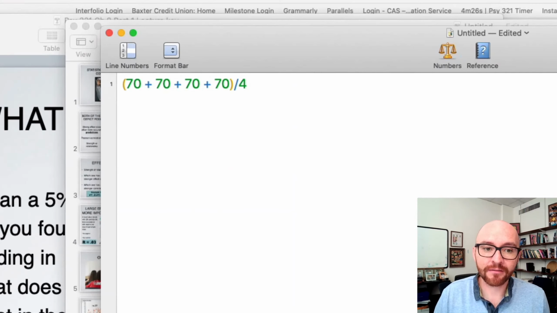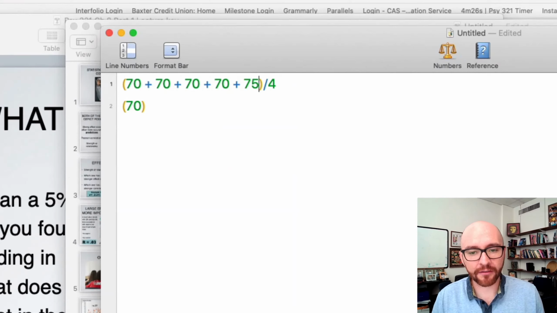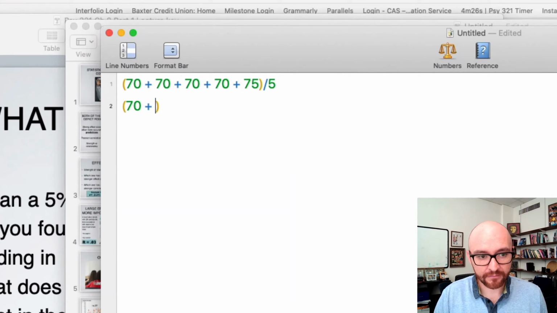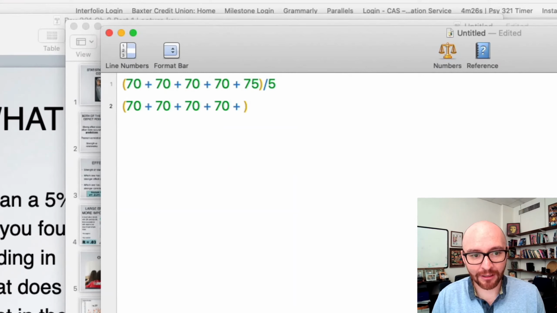Gives me 70, right? But then, even if I had the 5th person, and let's say they scored a 75, I should divide by 5 now. So you have a 71 on average. But let me show you how that outlier. So we're not dealing with averages and bivariate correlations, but it's essentially the same idea.